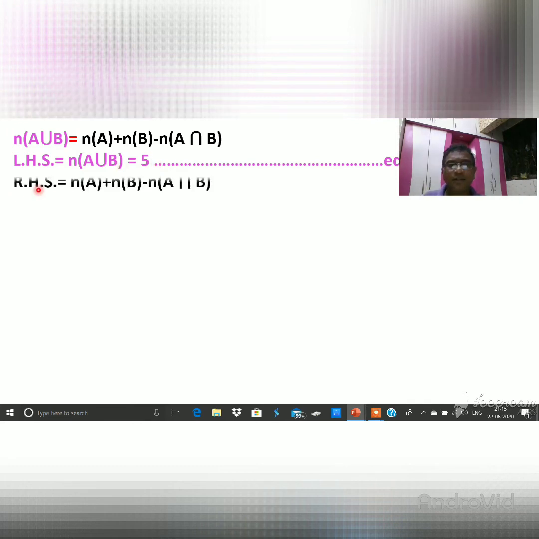So the LHS, meaning left hand side, A union B, is equal to 5. Then the RHS, this side, is number of A plus number of B minus number of A intersection B. Put the values: number of A is 3, number of B is 4, number of A intersection B is 2.